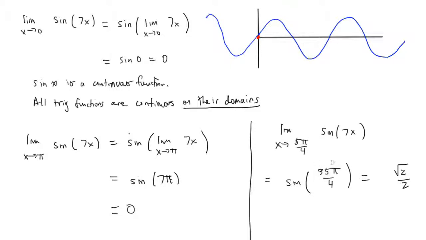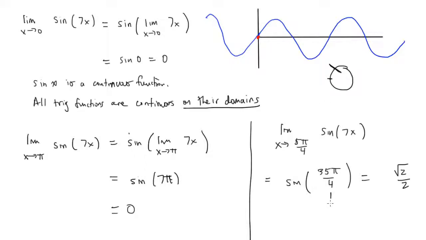Or you could just count it. So if we have the unit circle, here's 1 pi, 2 pi, 3 pi, 4 pi, or in pi fourths, because what we're dealing with here, it'd be 4 pi fourths, 8, 12, 16, then 20, 24, 28, 32, and then this one would be 36, but we've only got 35, and that means that we're right here.